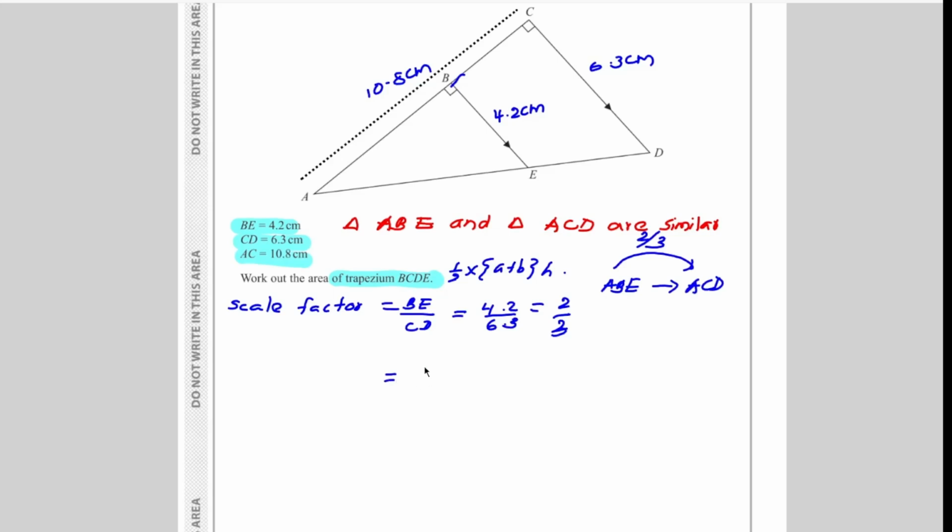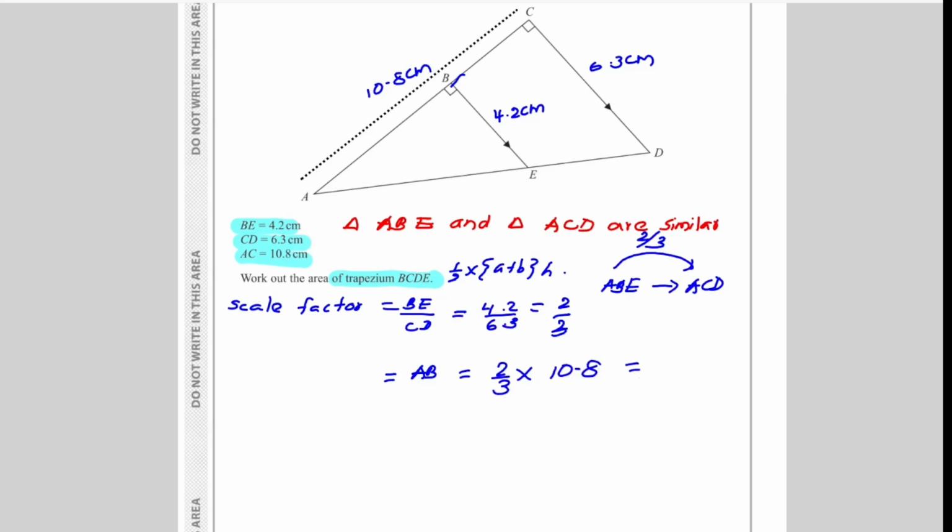Then I can write AB equals scale factor times the corresponding length. What is the corresponding length? For AB, its corresponding length is 10.8.